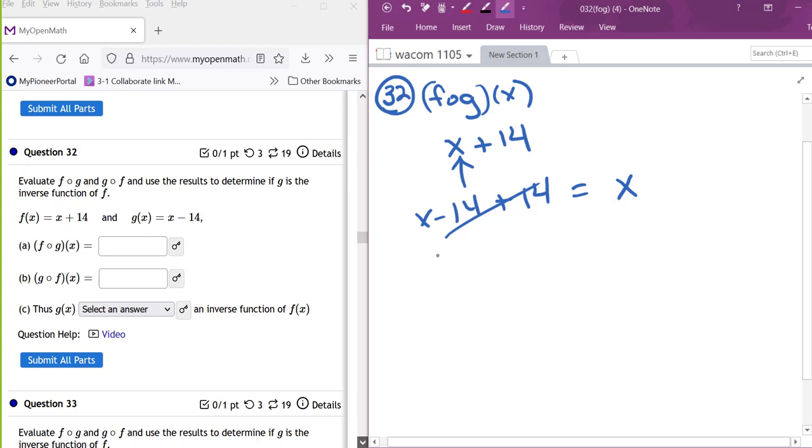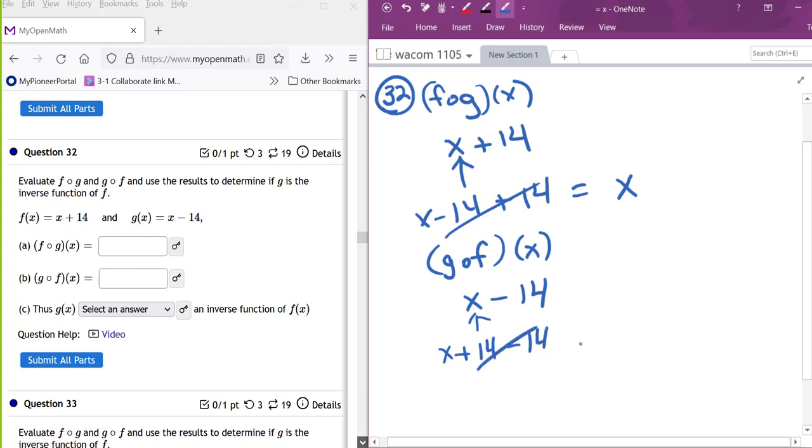If the other order works, then they will be inverses. So g of f of x, so we start with g, x minus 14. We put all of f inside this x. And this one equals x. These two are inverses.